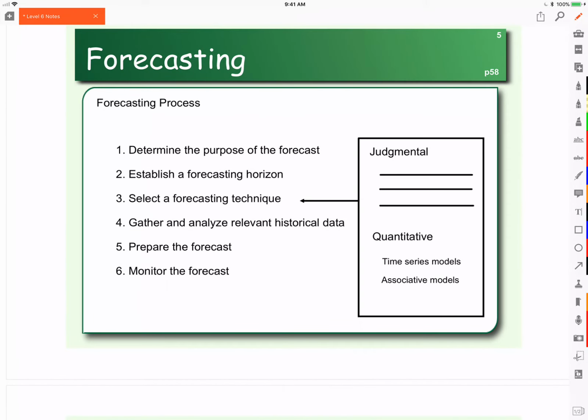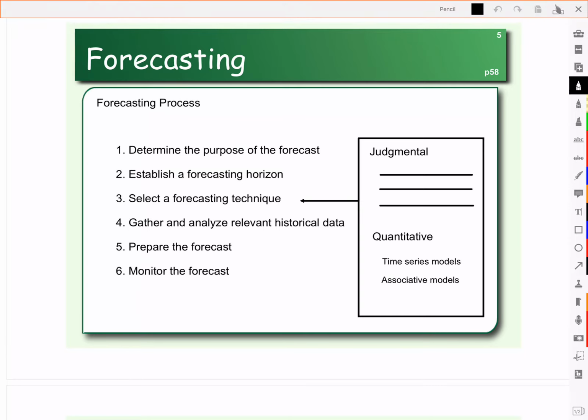When we're looking at forecasting techniques, we have judgmental methods and we have quantitative methods. So judgmental methods are when you're doing an analysis of subjective inputs. And these can be from consumers, from your sales staff.